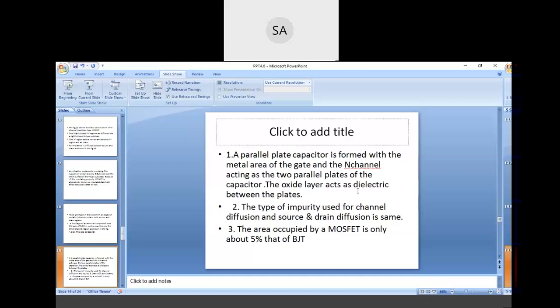The type of impurity used for the channel diffusion and the source and drain diffusion is the same. We have two types of impurities, P-type and N-type, and whatever impurity we use here for the three regions is the same. The area occupied by the MOSFET is only about 5% of that of a BJT.